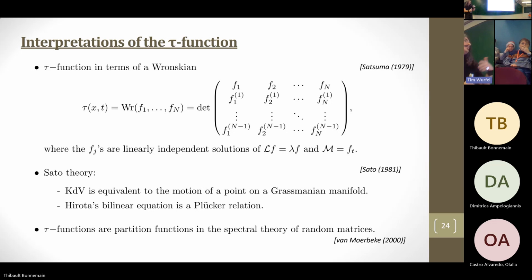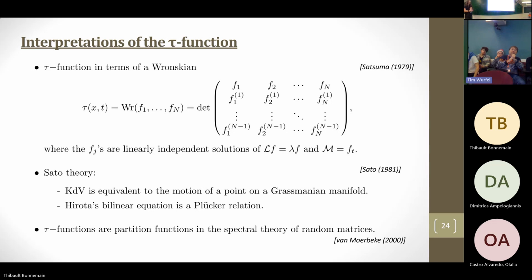And from what I understand, Sato theory is completely massive. It's been extensively developed since its inception, but the basic idea is to consider KdV as generating the motion of a point on a Grassmannian manifold, and to see Hirota's bilinear equation as a Plücker relation. Then you use this additional structure to get information on your solutions.